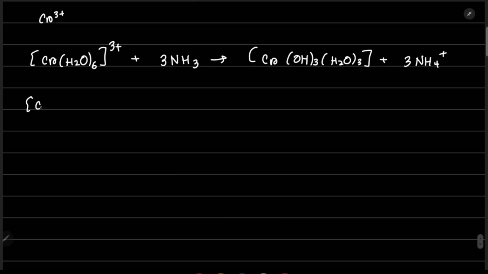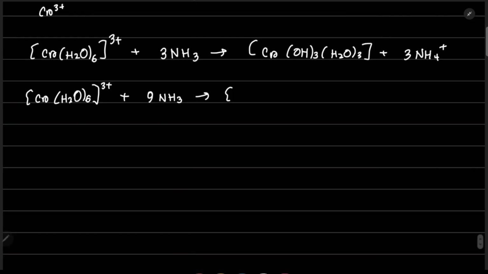And in case of excess ammonia reacting, we have this plus 9 moles of ammonia. This will form [Cr(NH3)6]3+. This is 3+, and we'll have 3OH-.